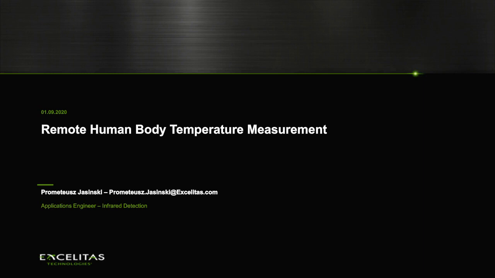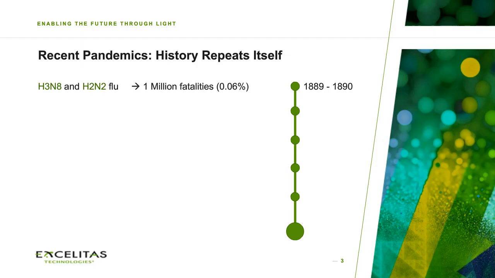But let's first have a look at why we should still care about this, despite some people saying it is mostly over and we don't have to take care of this too much. We can have a look into the history, 100 years ago. There have already been some pandemics in history, so why not learn from those?